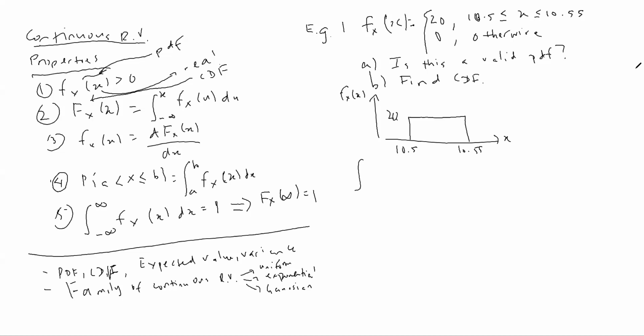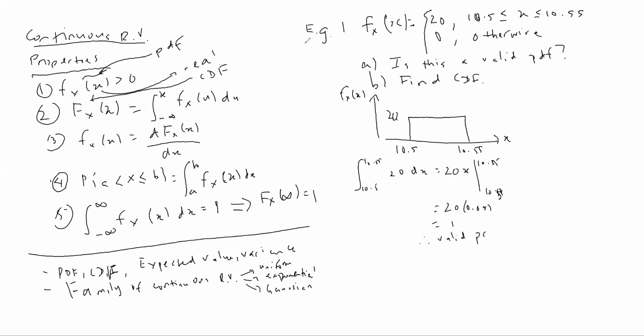Because the whole region is just 10.5 to 10.55, the integral of 20 dx is 20x going from 10.5 to 10.55. So this is 20 times 0.05, which is equal to 1. So this is a valid PDF.